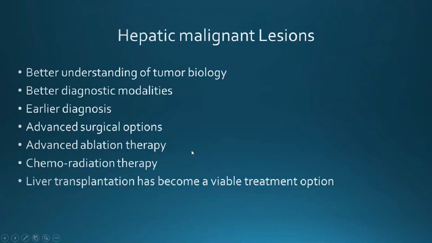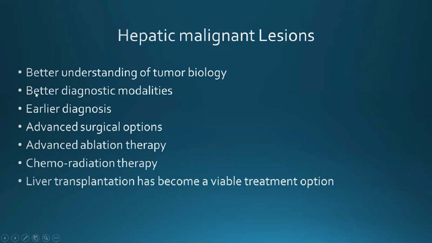So, in conclusion, regarding hepatic malignant lesions, we have a better understanding of tumor biology these days. We know how they grow, we have tumor markers, and we have learned about the better response of these patients to chemotherapeutic agents or radiation therapy.